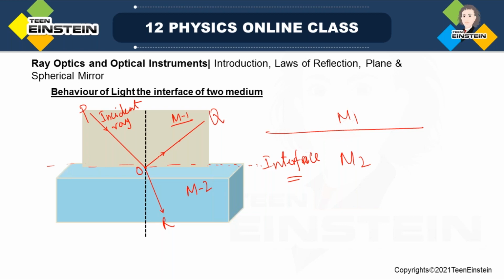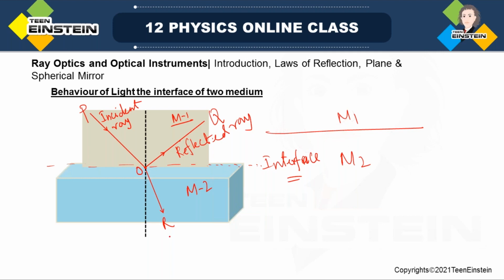Okay. So the OQ ray, which is going back to the first medium, is called the reflected ray, and the phenomenon happening over here is called reflection of light. And some part of light will be transmitted through the medium.